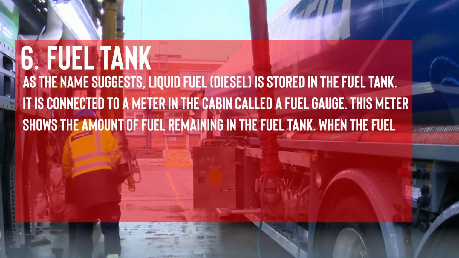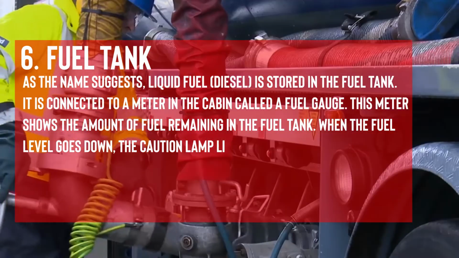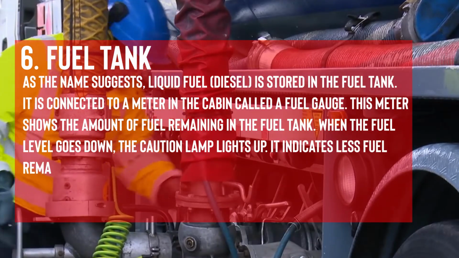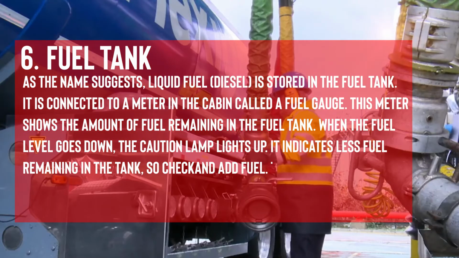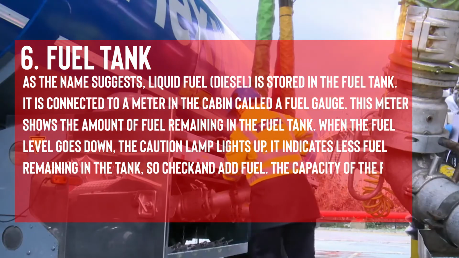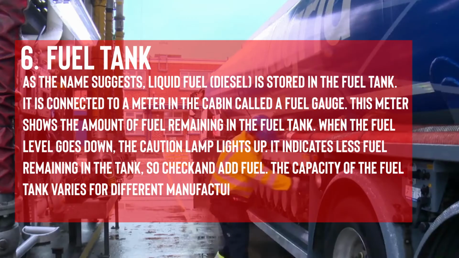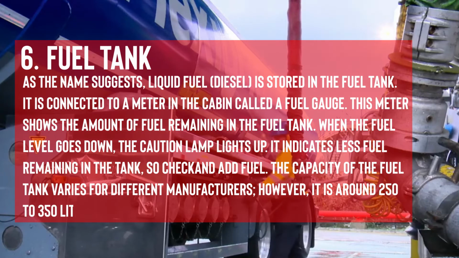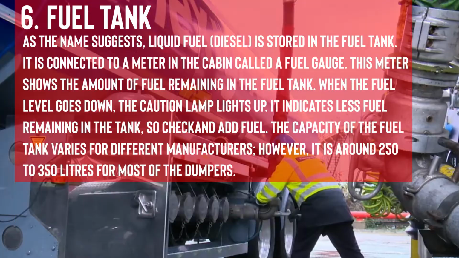When the fuel level goes down, the caution lamp lights up. It indicates less fuel remaining in the tank, so check and add fuel. The capacity of the fuel tank varies for different manufacturers. However, it is around 250 to 350 liters for most of the dumpers.